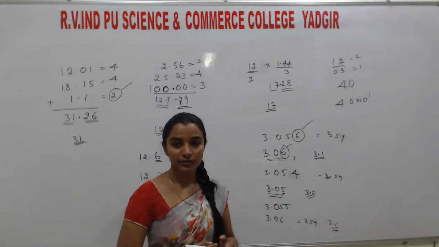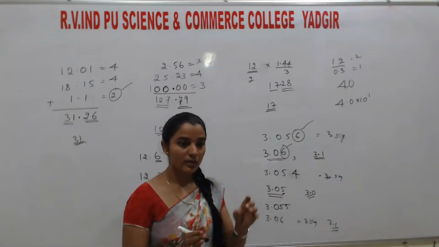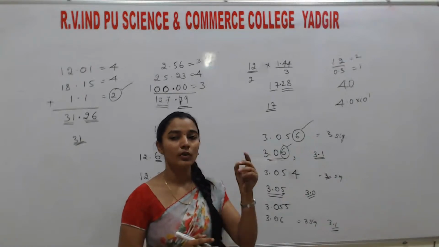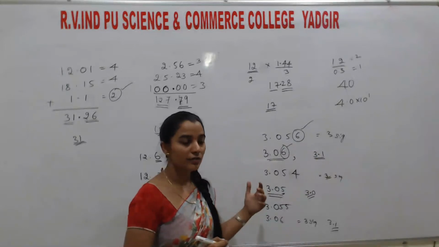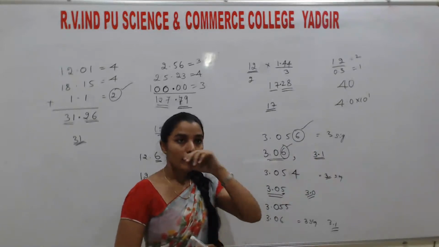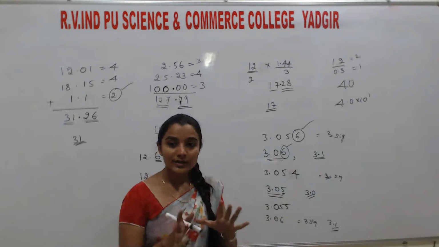So this is all about how to round up values in significant figures. Scientific notation means representation in the form n times 10 to the power of plus or minus n. Significant figures means the numbers we consider for the value.